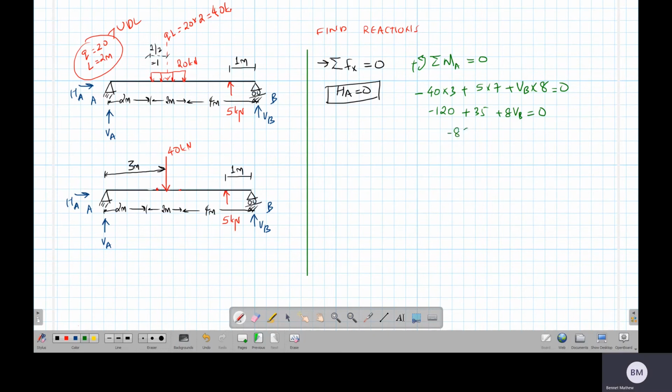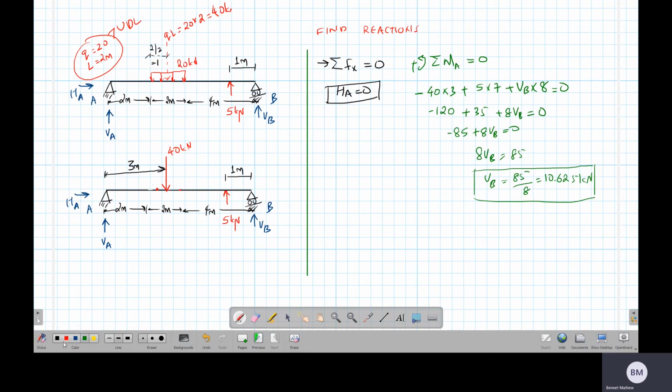So minus 85 plus 8 VB equal to 0. 8 VB is equal to 85. VB equal to 85 by 8, so it's 10.625. All units are kilonewton, so this also will be kilonewton. Okay. So we got the value of VB.